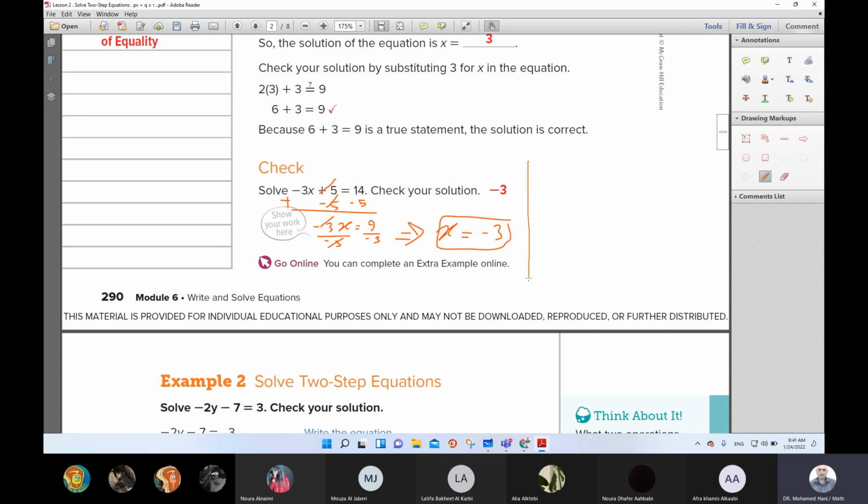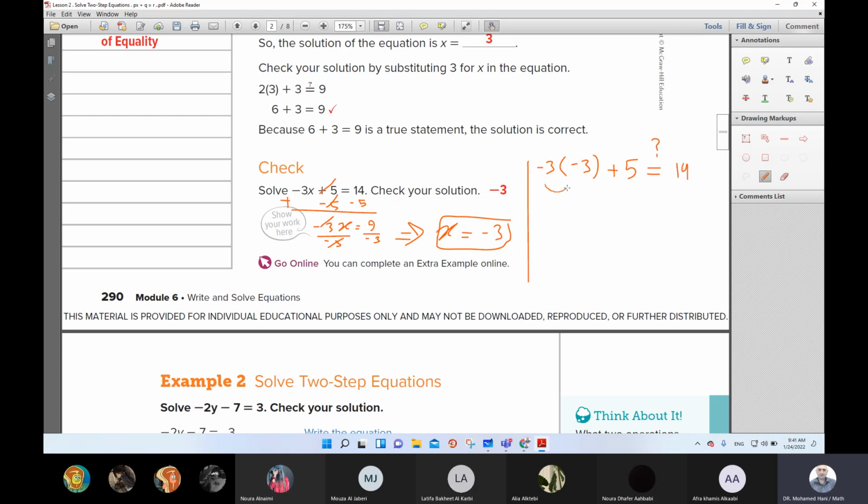If you want to check, go back to the same equation. Substitute the value of x, which is negative 3, times negative 3, plus 5. Is it equal 14?